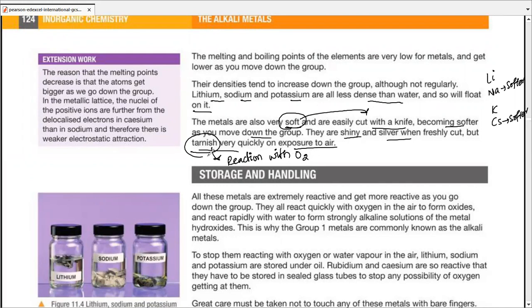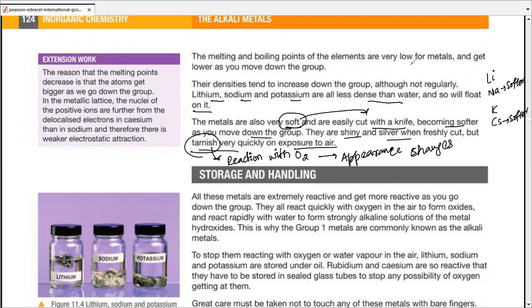When the appearance of a metal changes upon reaction with oxygen, we call it tarnishing. In this case, this silver color, the shine goes away, and it then has a dull, darker appearance. So the appearance changes with the reaction with oxygen, and we call this tarnishing.